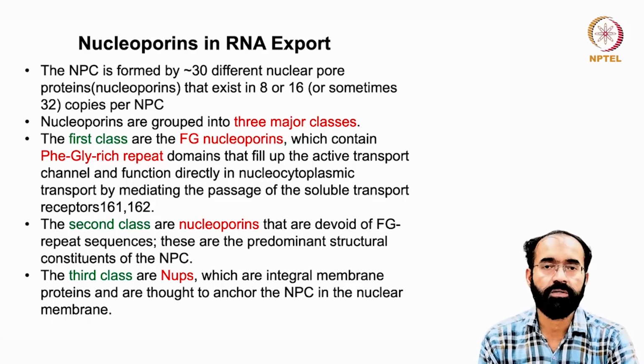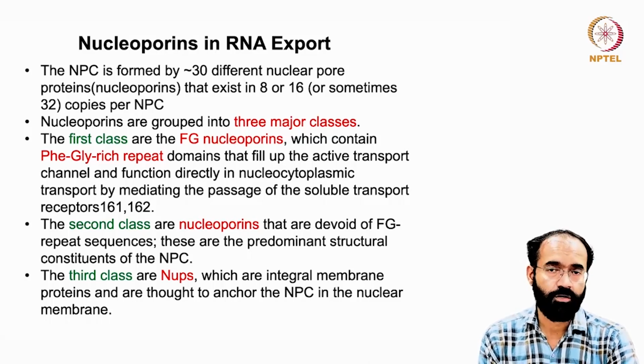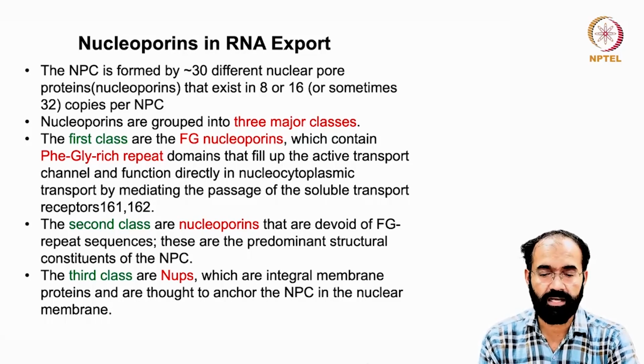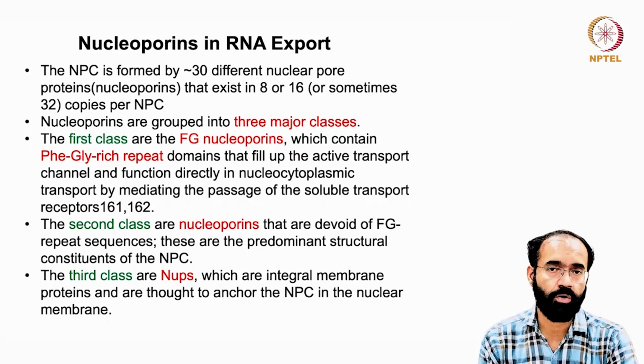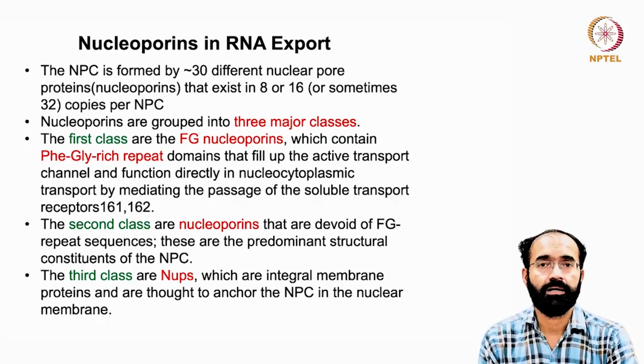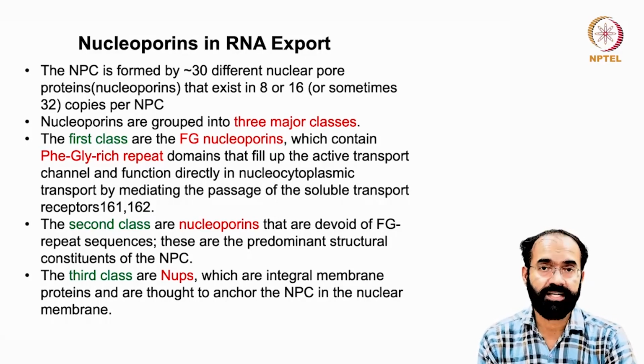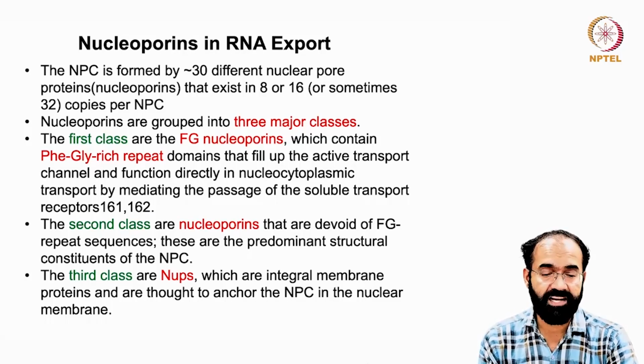Depending upon which cell type's nucleus you are talking about, in some tissues like the liver or neuronal tissues, active transcription is going on, so they need more efficient transport. They may have more proteins associated.